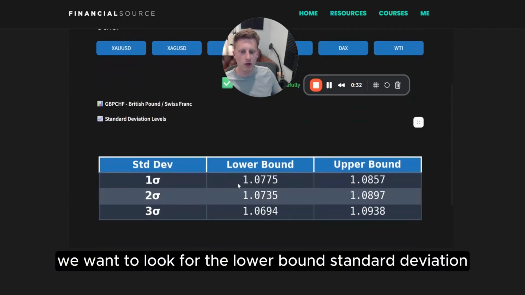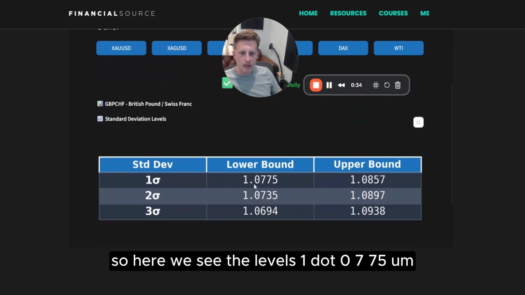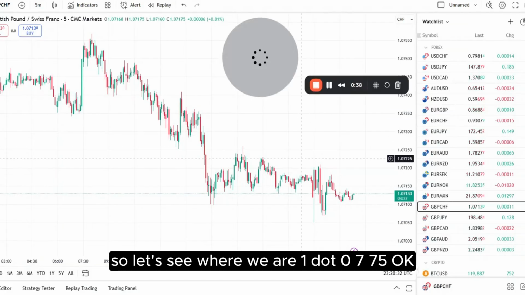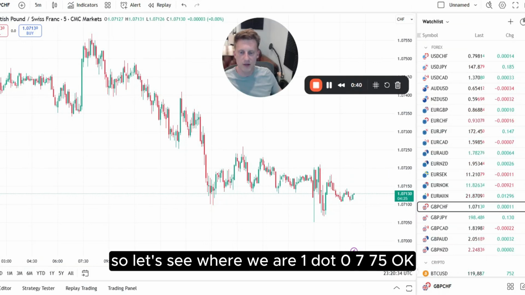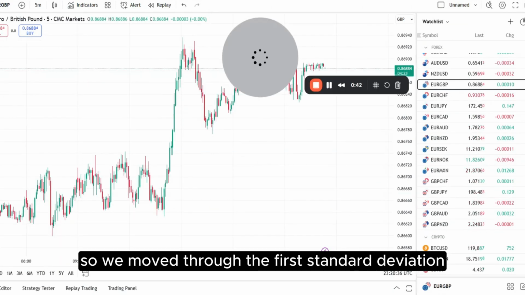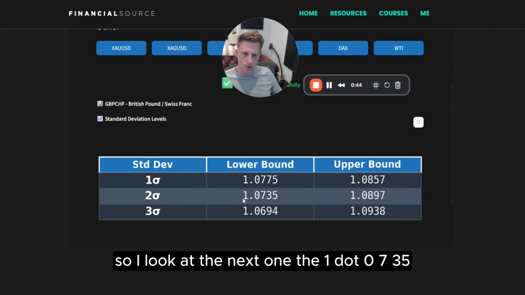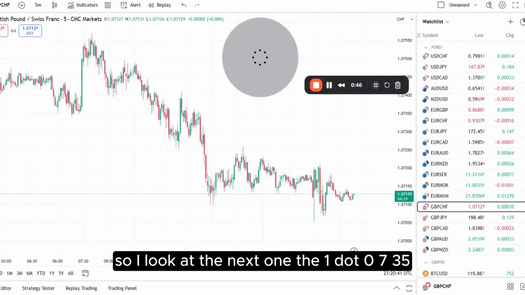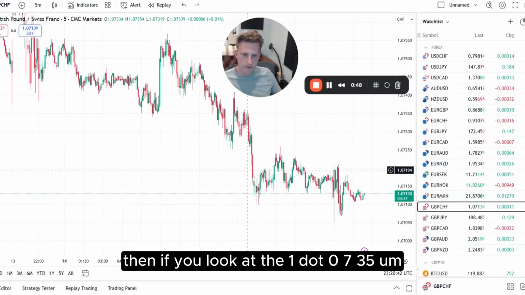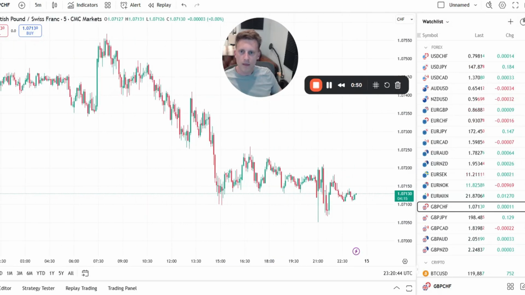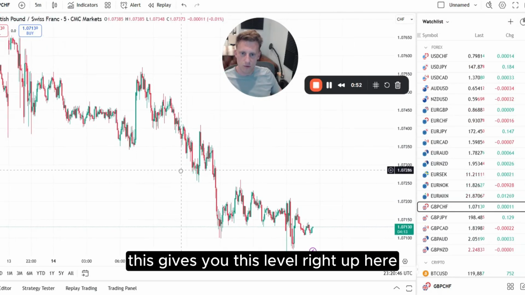So we want to look for the lower bound standard deviation. So here we see the levels, 1.0775. So let's see where we are, 1.0775. Okay, so we've moved through the first standard deviation. So I look at the next one, the 1.0735 then. If you look at the 1.0735, this gives you this level right up here.